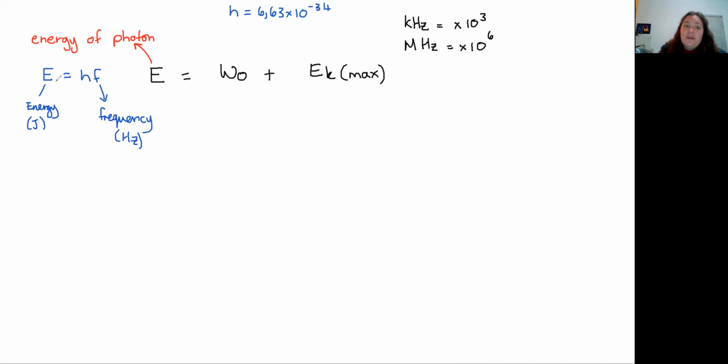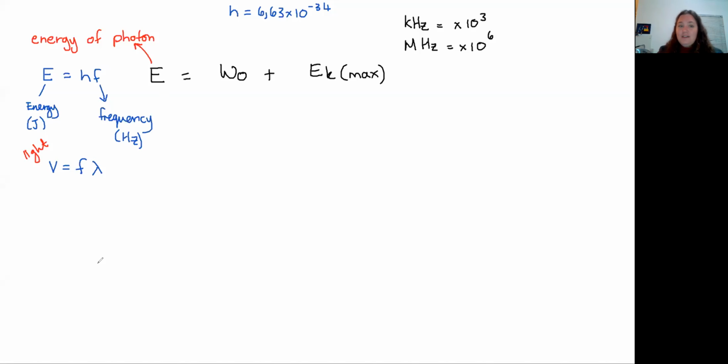Okay, the next equation that we could use is using the idea that v is equal to f lambda. Now, since we are dealing specifically with light, we may view some of the light as being non-visible light, so we can go all the way into ultraviolet and gamma, and infrared is on the other side going low frequency.